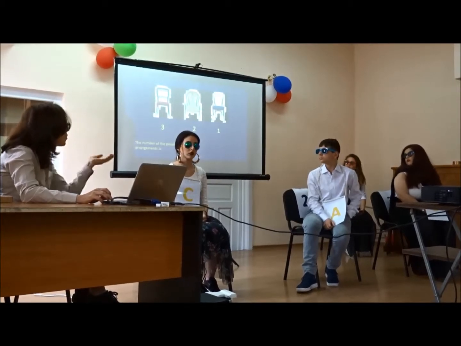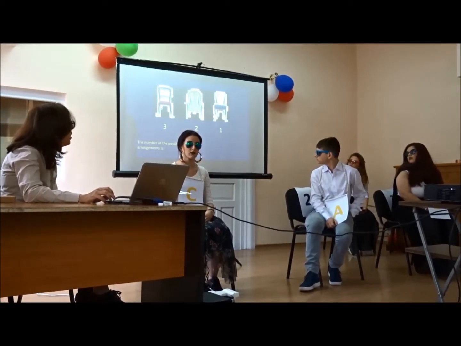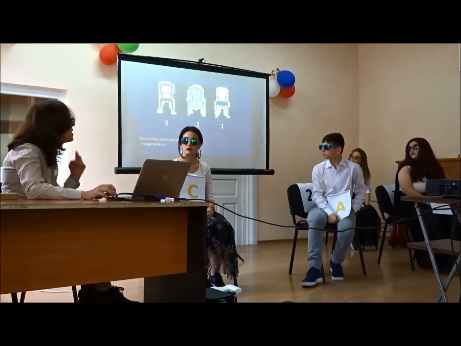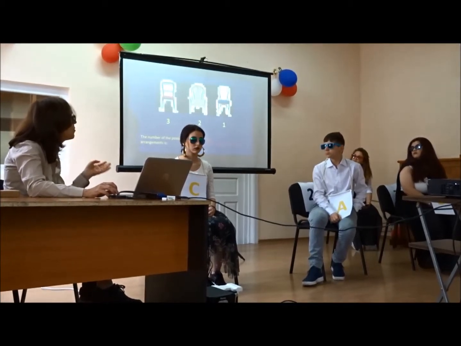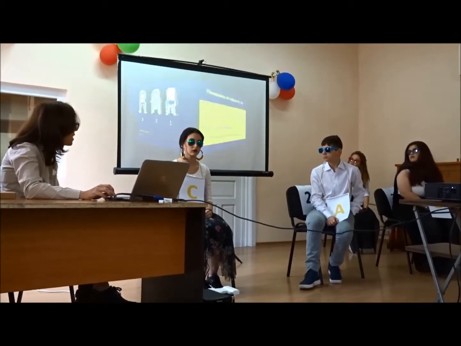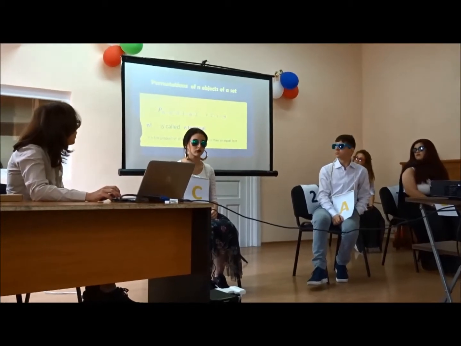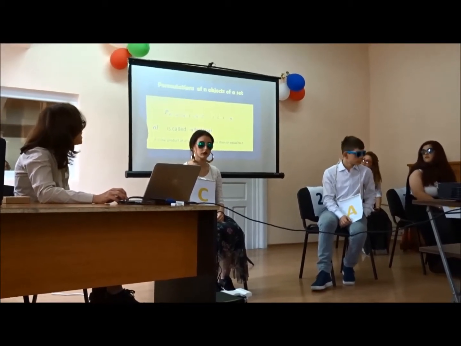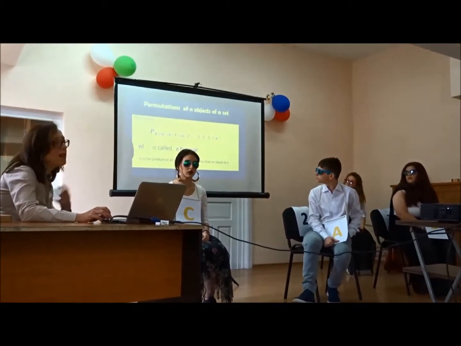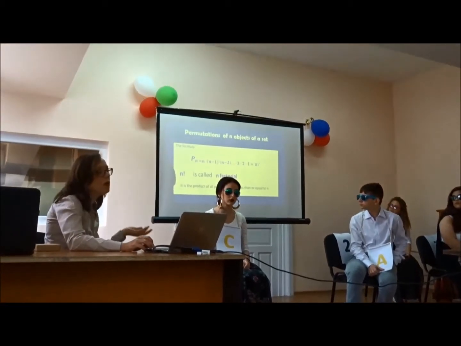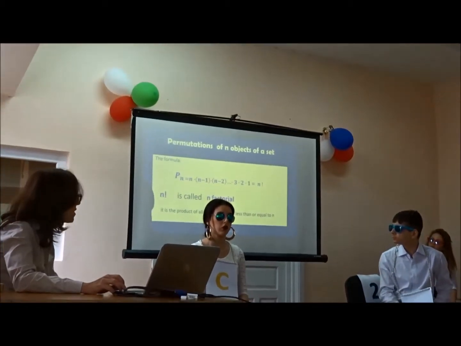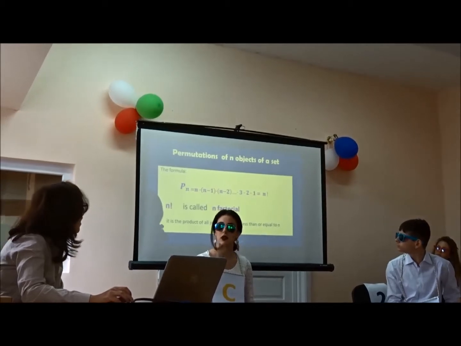So, all the possible arrangements are P3, that is to say, 3 times 2 times 1 equal to 6. This is the formula, and this notation is n factorial, and it is the product of all positive integers less than or equal to n.